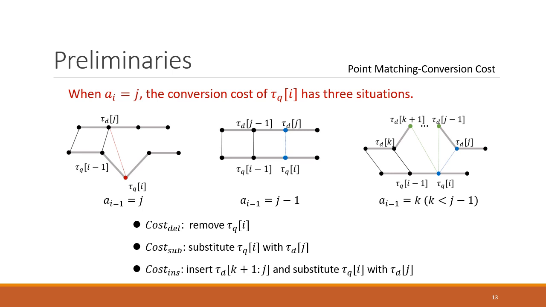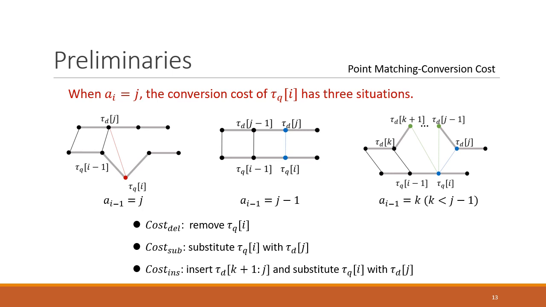Next, we provide the cost of converting a point in the query trajectory to a point in the data trajectory. Given a matching sequence, when a_i equals j, and we want to convert the point tau q_i to the point tau d_j in the data trajectory, there are three possibilities: deletion, substitution, and insertion.